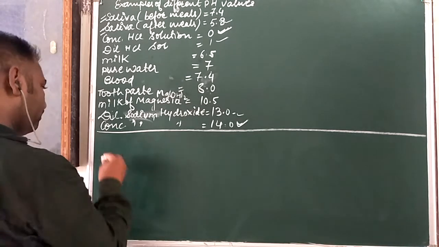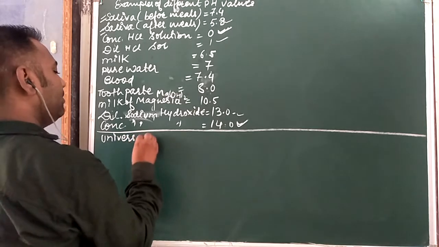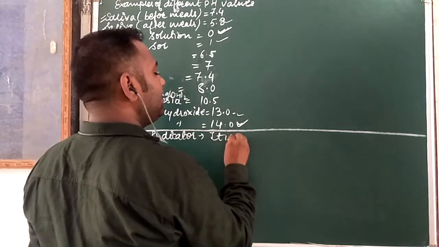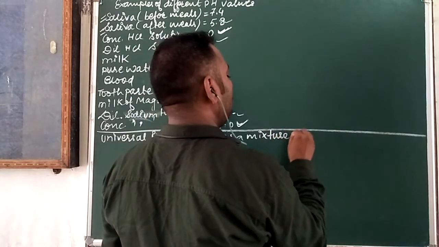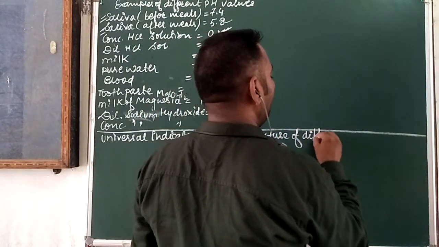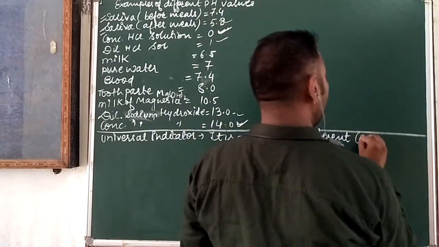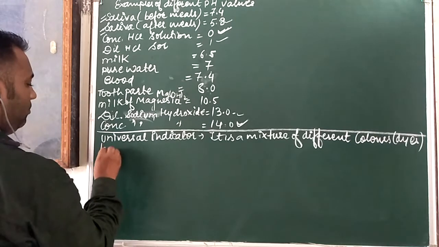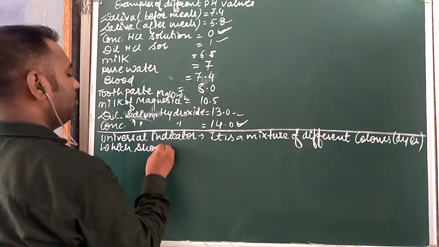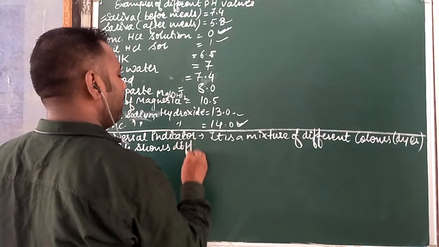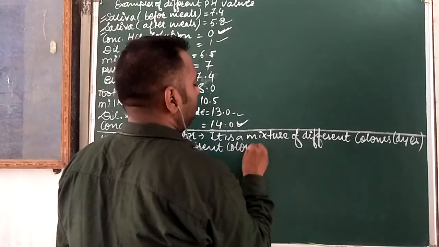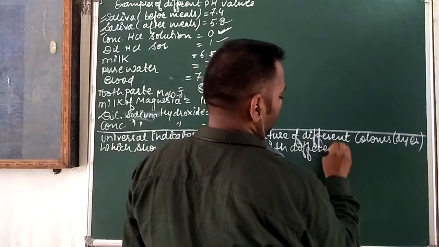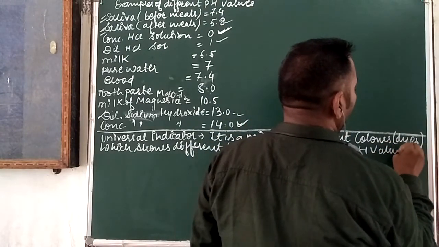Now we are discussing the universal indicator. It is a mixture of different colors, it means dyes, which show different colors with different pH values.